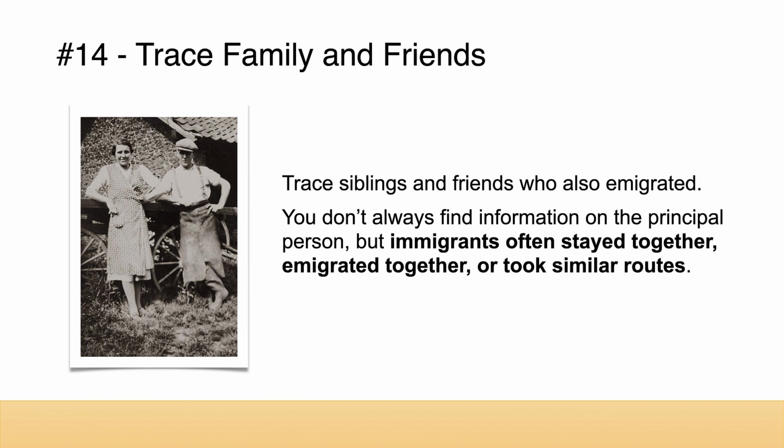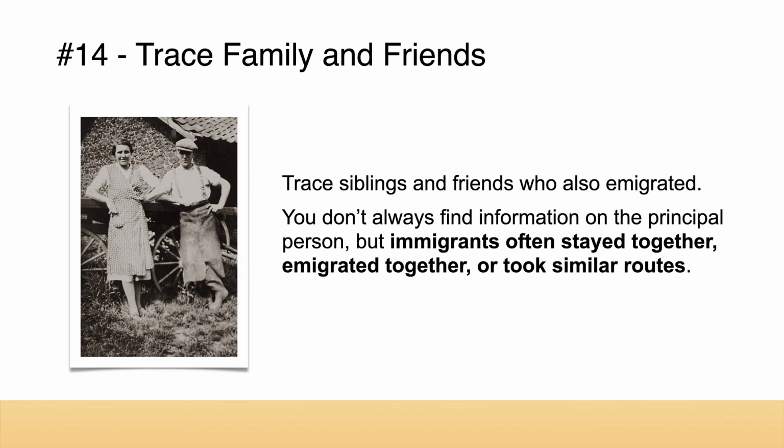Next up is friends and relatives. I use this technique quite a bit, and I can't recommend it enough. It's very common to not always be able to pin down the person you're researching right away, but by looking at the person's network, meaning their friends, their family members, their neighbors, their acquaintances, you can narrow this down and get on the right track really quickly.